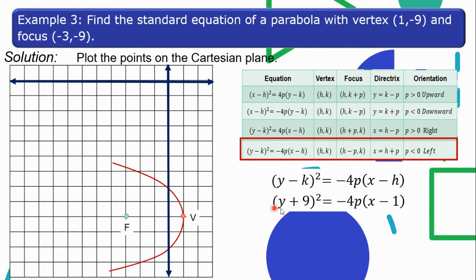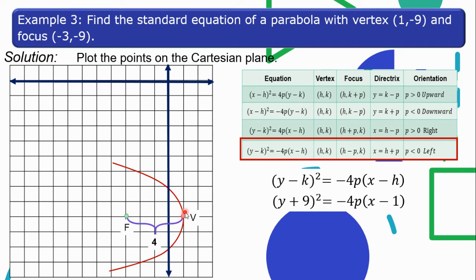Okay, we already have h and k, so we just substitute. We have the quantity of y plus 9 squared is equal to negative 4p times the quantity of x minus 1. Our problem now is p. How do we get p? Take note that p is the distance of the vertex and the focus.